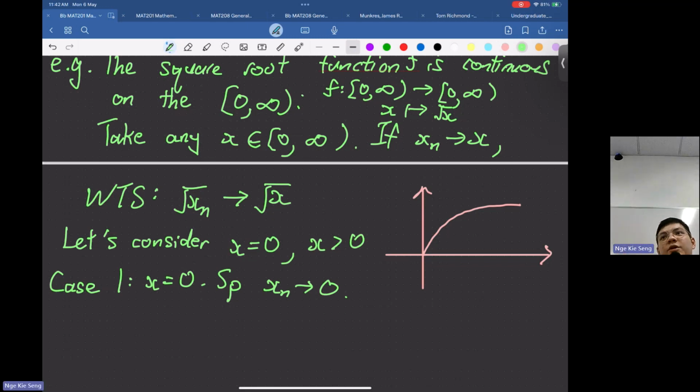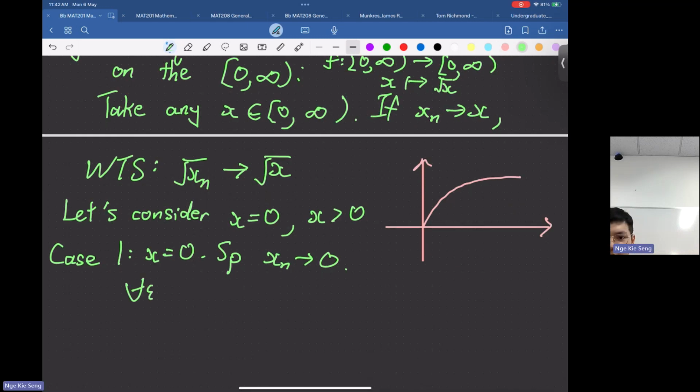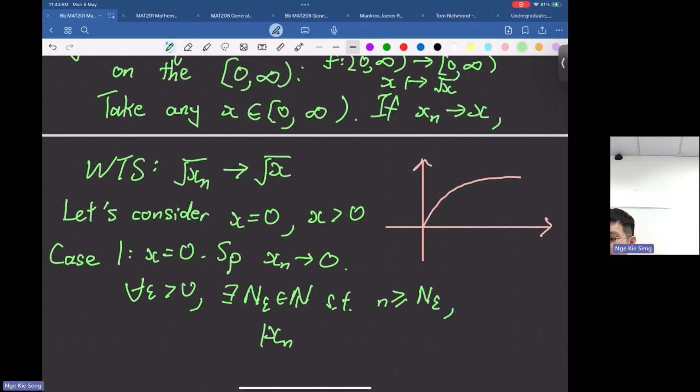Go back to sequences. What does convergence of a sequence mean? For every epsilon greater than 0, there exists a natural number N depending on epsilon such that for all terms n greater than or equal to N epsilon, we have the absolute value of x_n less than epsilon.